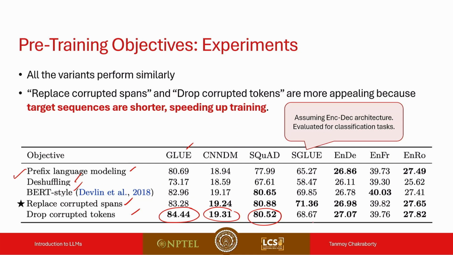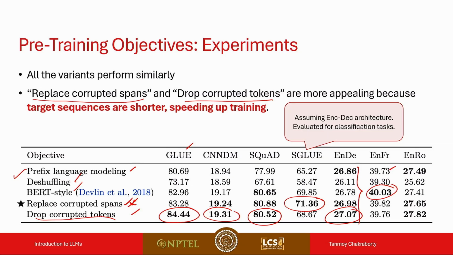In case of SuperGLUE, I think replace corrupted span actually works better, right? And these numbers are quite comparable. So in most cases, as you can see, sometimes this is better. So there is no clear-cut answer which strategy is better, but they did many experiments, as I mentioned, and they concluded that replace the corrupted span and drop the corrupted token are more appealing than other strategies.